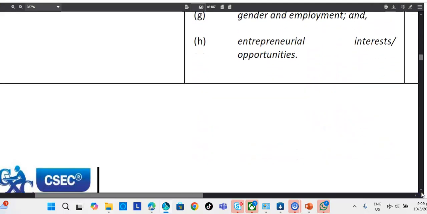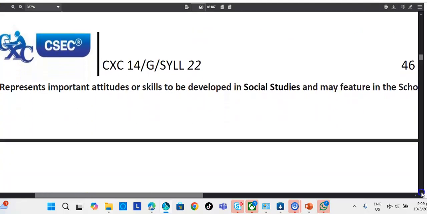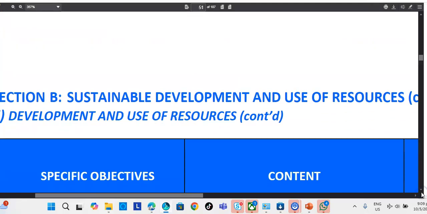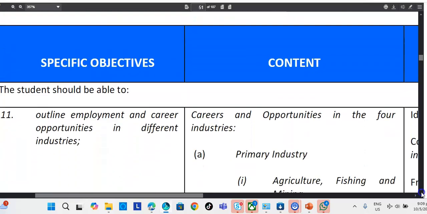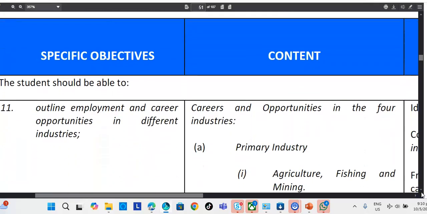These are some of the things that you can talk about when you are writing about employment, unemployment, and underemployment.